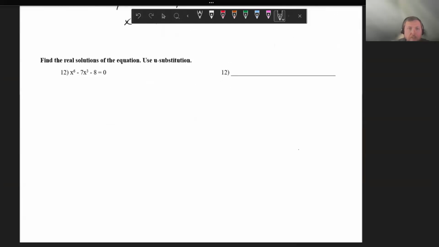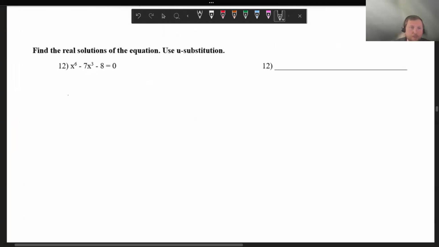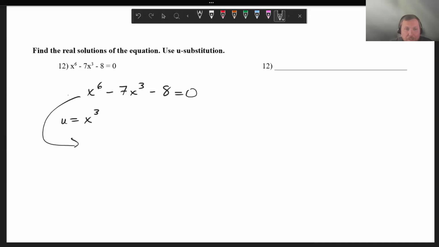Okay, find the real solutions of the equation. Use u substitution. So x to the 6th minus 7x cubed minus 8 is equal to 0. I'm going to let u equal x cubed. This changes the original equation to look like u squared minus 7u minus 8 is equal to 0.